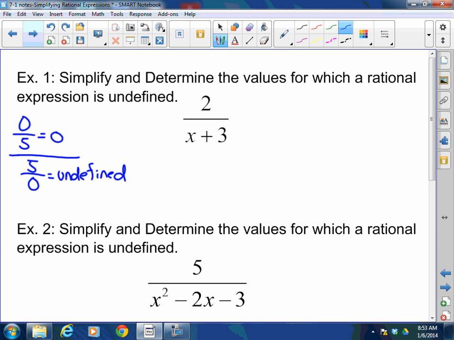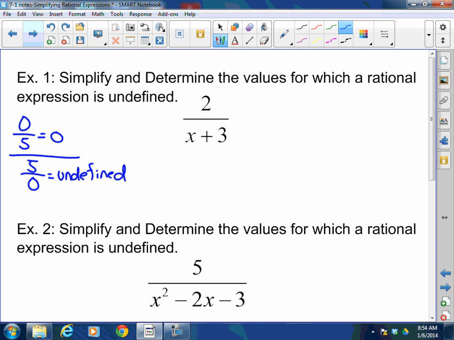So right now we're just learning how to identify what values would make this undefined. What values would make that denominator a 0? But just so you know where this is going, this is taking you to, okay, what are the limits of my domain? What possible x values can I use? Which values can I not use?